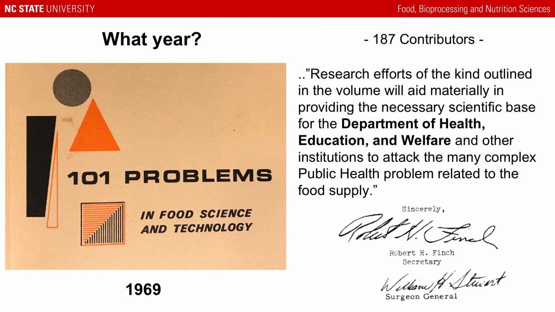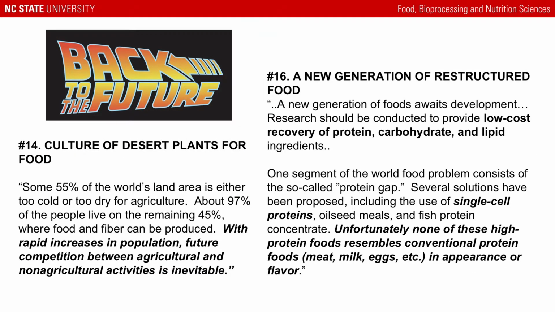So you're going to think, well, this is all going to be a bunch of nutritional type of goals. But no, these are mostly food related, more, I'd say, agriculture, food science, food perception related, okay? And here's one. I just picked out a couple to show you that sometimes things don't change. It's kind of back to the future.